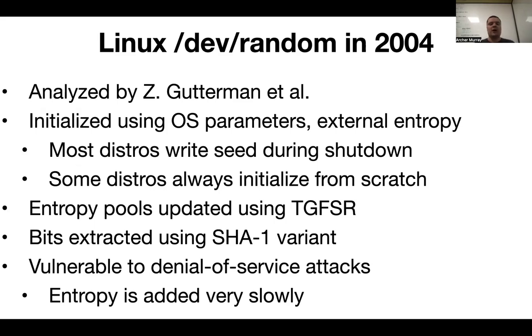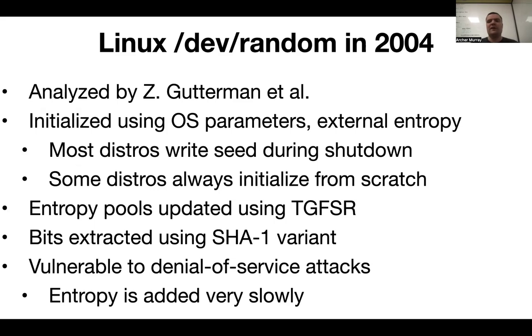And the entropy pools are updated using what's called a twisted generalized feedback shift register, which is used because it has a really, really long cycle length before it starts to repeat. And bits are extracted from these entropy pools not directly, but instead they're transformed using a variant of SHA-1.